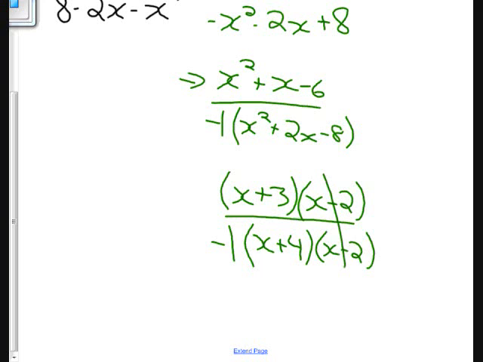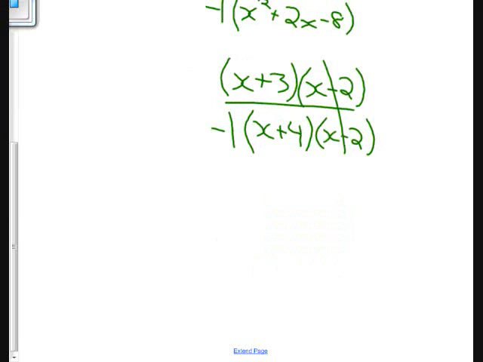These guys cancel out, and you're left with negative 2. This is going to make your whole thing negative. Put it out front here, because you pulled it out of the bracket.